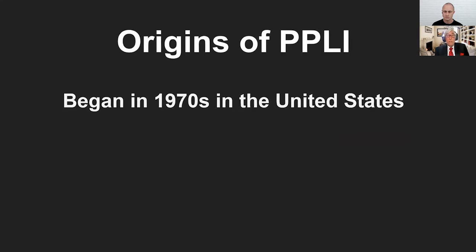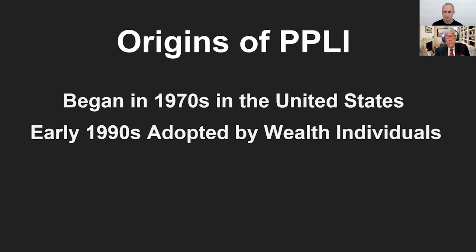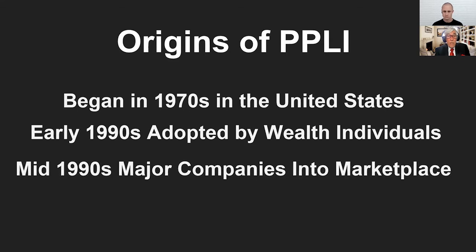So how did this thing come about, the PPLI? Well, it began way back in the 1970s in the United States. It was originally a way for executives of Fortune 500 companies to have their own type of retirement plan, different from the firm's 401k or IRA that they offered regular employees.